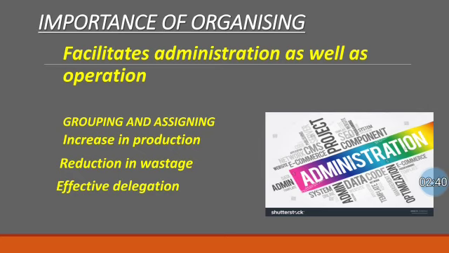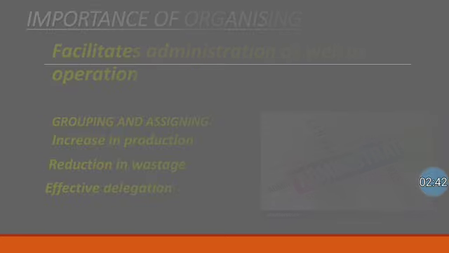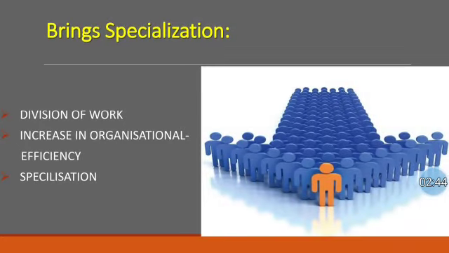Next point is brings specialization. In every organization, there must be division of the work into small units and departments. Thus, all the employees of the organization are divided into small groups, which increases efficiency.